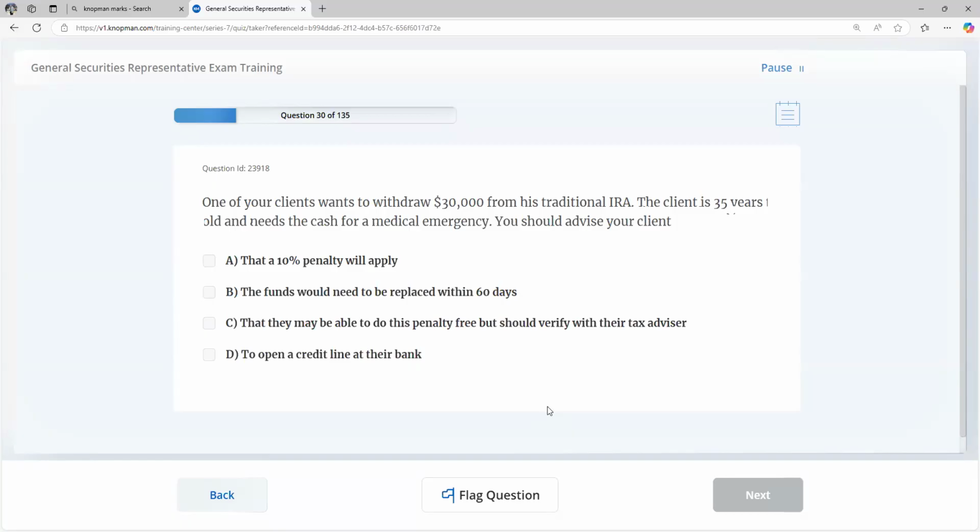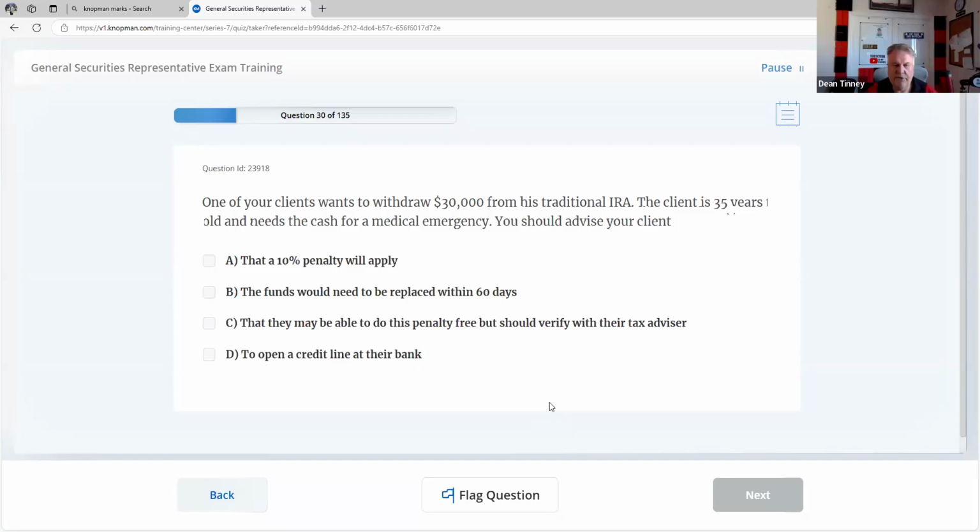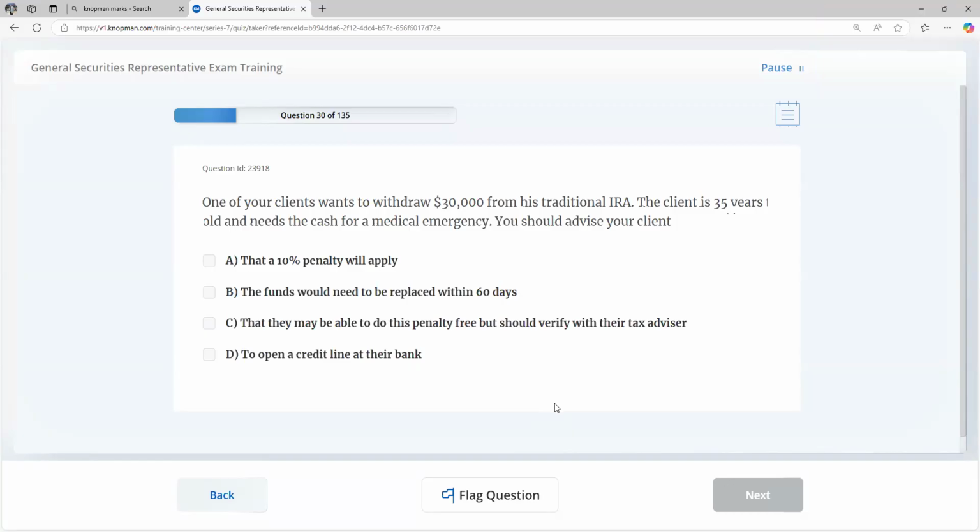They must be able to do this penalty free. Partially, it's a medical emergency. I wish they gave us more for that, but it sounds like it's going to qualify for a hardship withdrawal, I would think. They would not need to be replaced. They may be able to do this penalty free, but should verify with their tax advisor.